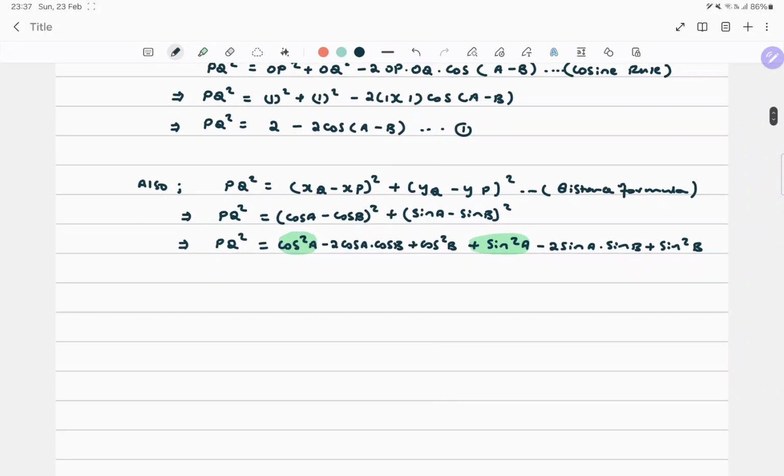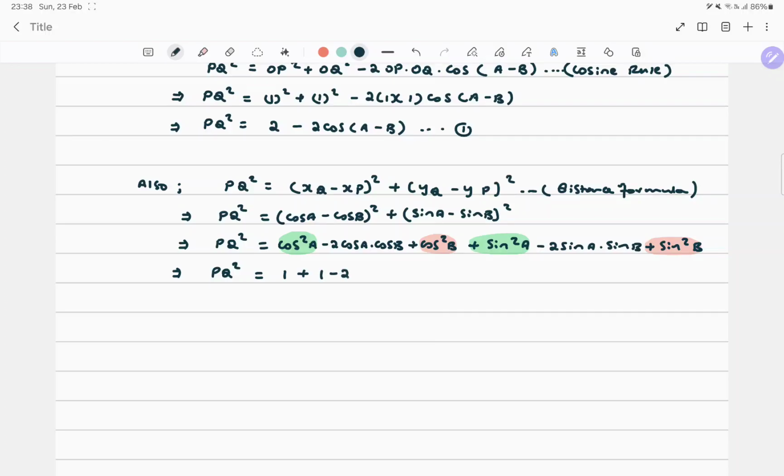So PQ squared is equal to, now this and that gives us just 1, plus we also know that cos squared of a particular angle plus sine squared of a particular angle, as long as the angle is the same, we get 1.